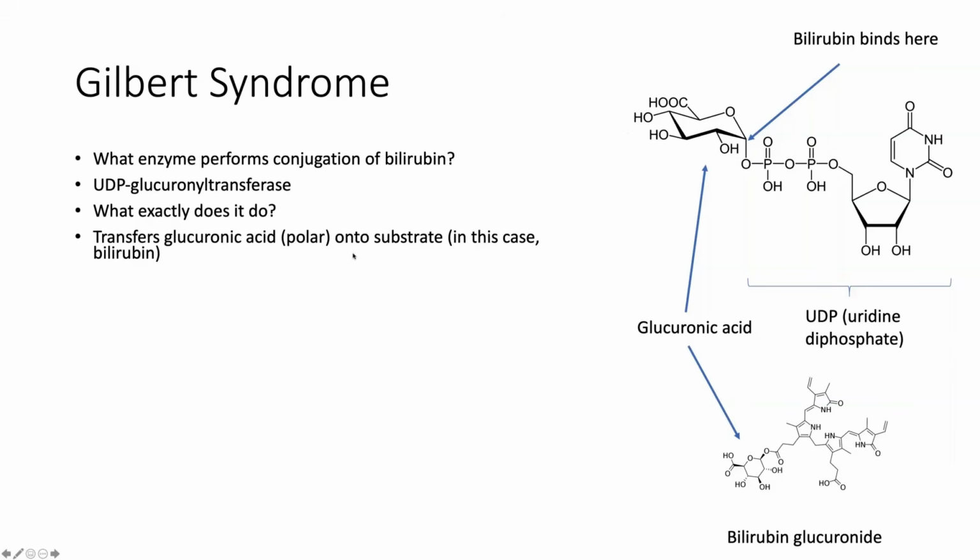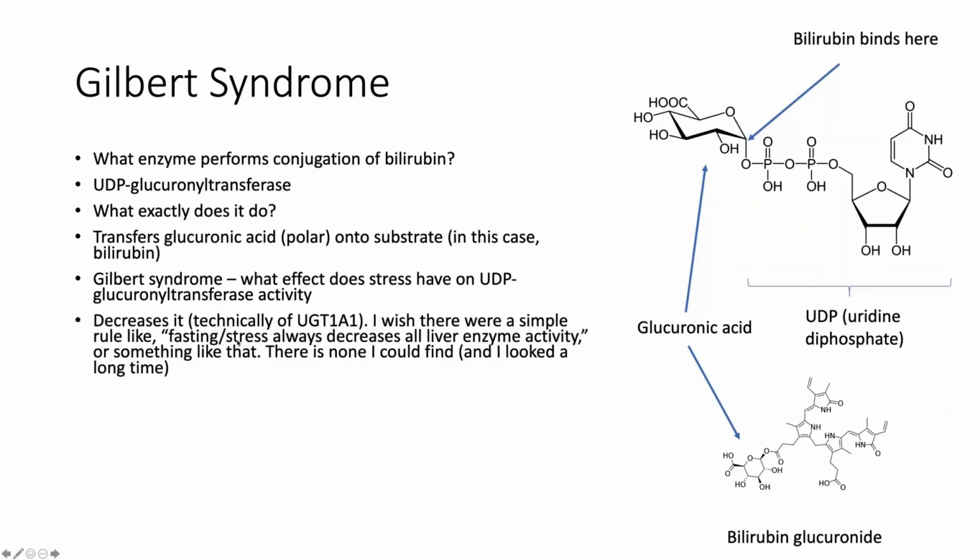All right, great. So Gilbert, what effect does stress have on UDP glucuronyl transferase activity? Nita, what do you think? I'm not sure. I guess it would decrease the activity of the enzyme. Yeah, that would make total sense, right? I spent a long time looking. I was trying to find some really great principle like fasting or stress always decreases liver enzyme activity, but it's not like that.